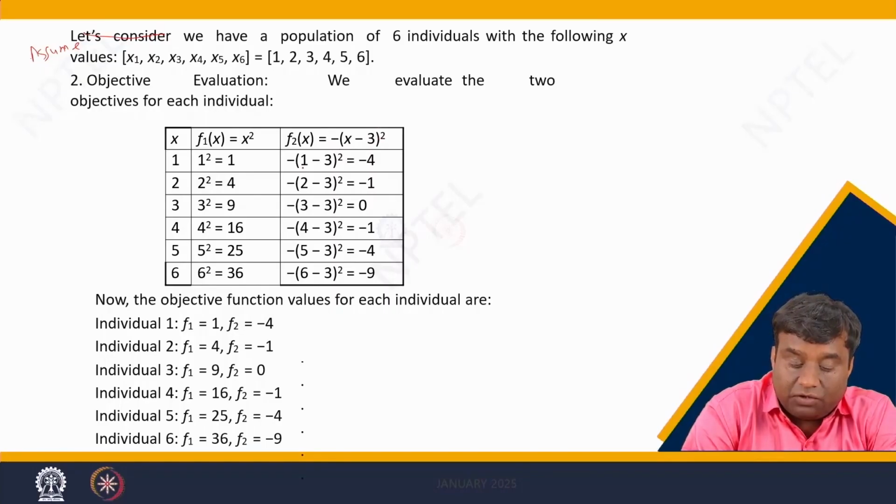So put x equal to 1, that is 1 minus 3, minus 2 whole square, minus 4; for 2, minus 1 whole square, that is minus 1; for 3, 0; then again minus 1, minus 4, and minus 9.